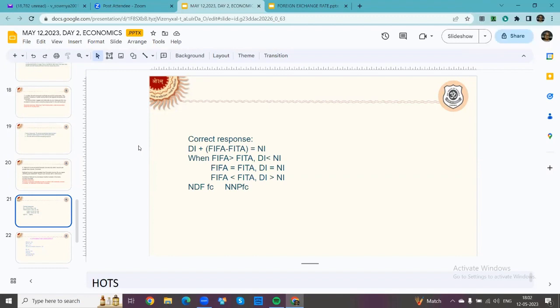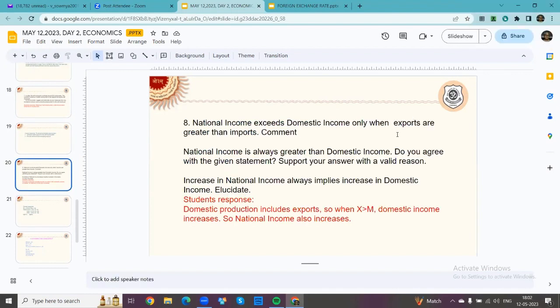They are confusing the children by bringing out exports and imports here. So the concept clarity has to be really there. Otherwise, children will start thinking in terms of exports and imports, which has no relevance to the second part of the question. After answering this, they will have to write that exports and imports are already part of both domestic income and national income.